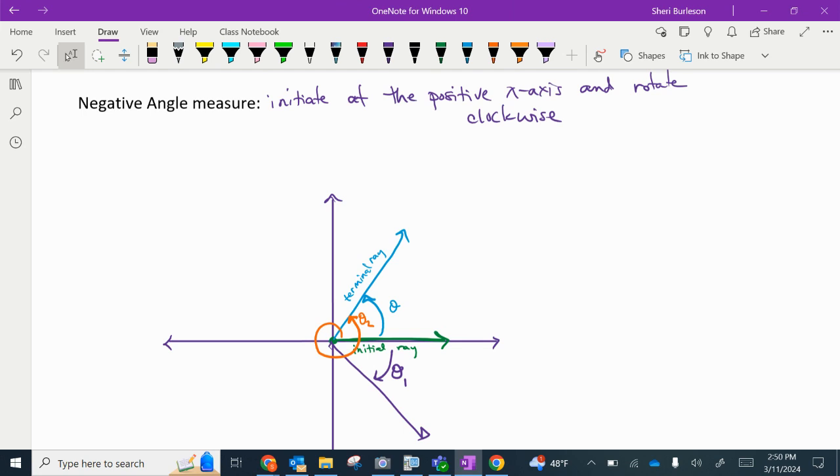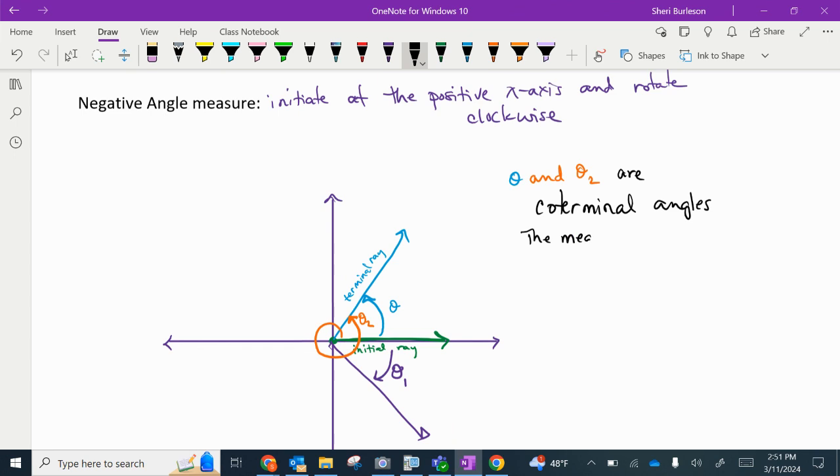So, theta here and theta 2 are called coterminal angles, okay? Because they share the same initial side, but more importantly, they share the same terminal side. Okay? Here is the AP language that goes along with this.